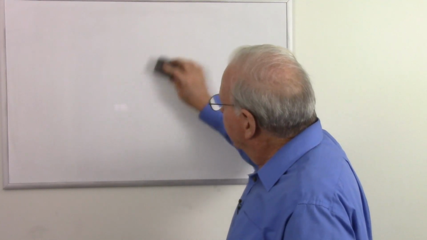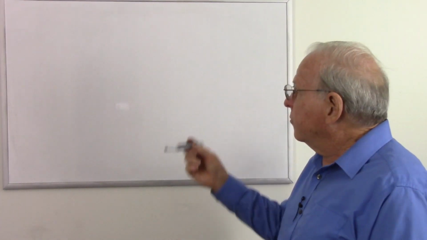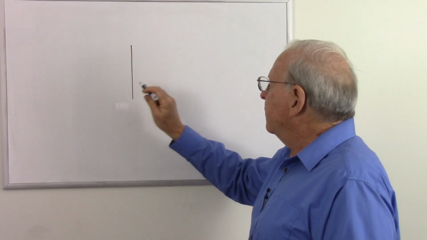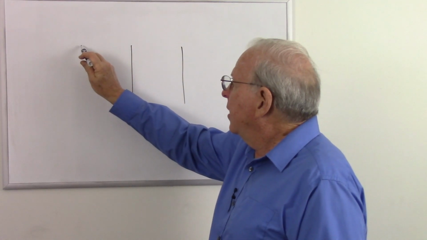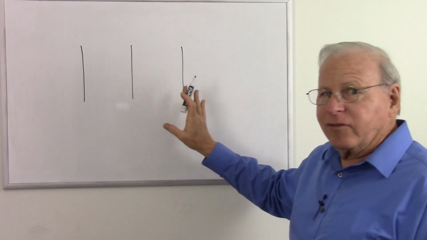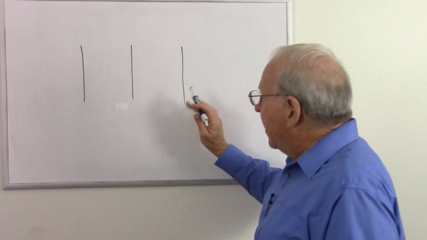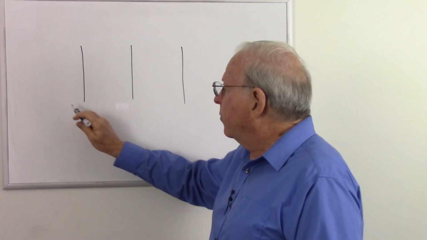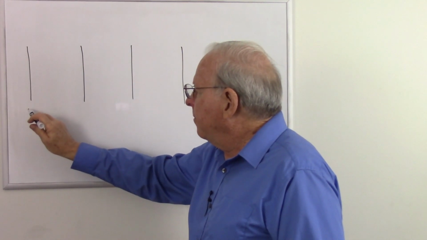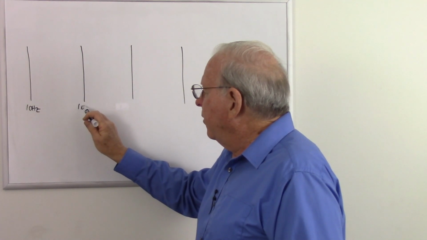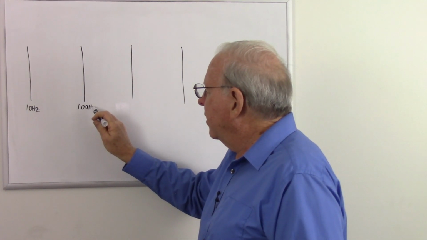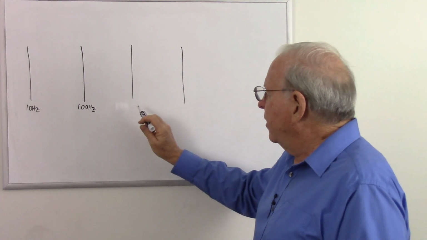So if we do that on the audio scale, we find that if I put some lines here, these are evenly spaced. They're actually going to be a factor of 10 from each other. So let's put one over here, make that 10 hertz, and make this 100 hertz. So we're going up by a factor of 10 here.